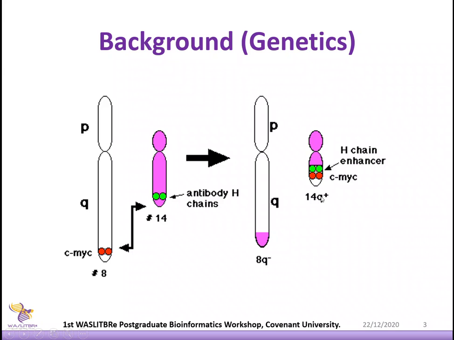So in Burkitt's lymphoma, the CMYC gene moves and it sits right below the immunoglobulin H gene, and every time this gene is expressed, the CMYC gene is also expressed, and it leads to Burkitt's lymphoma.